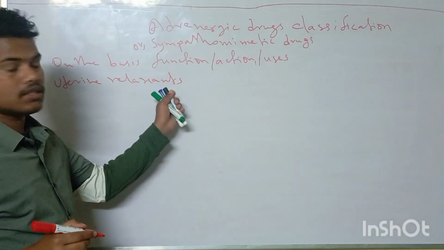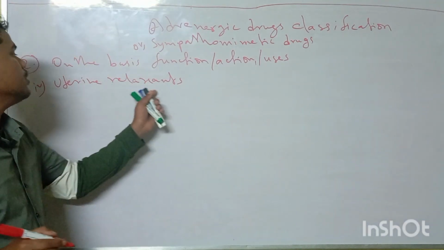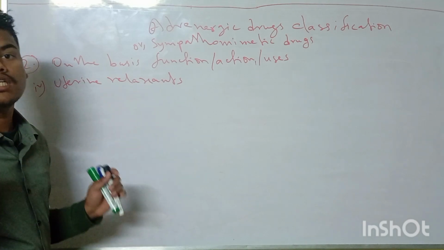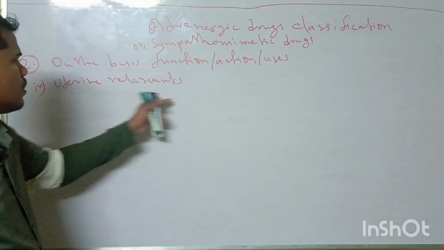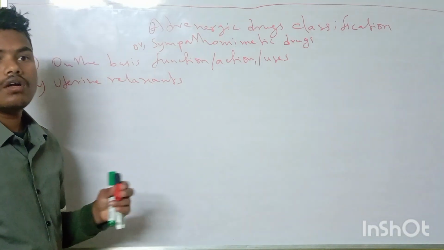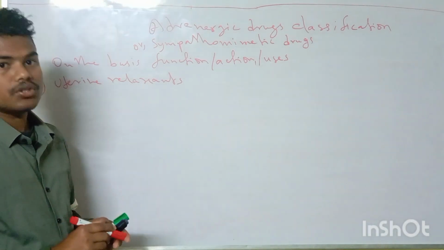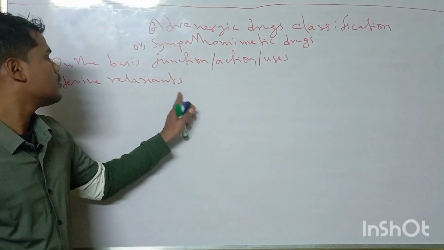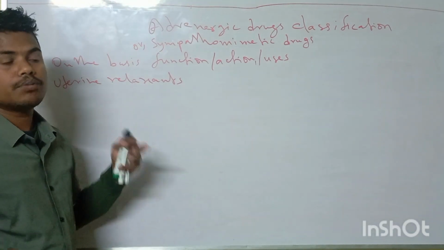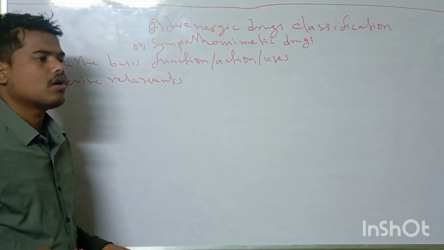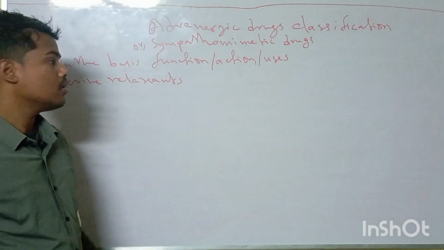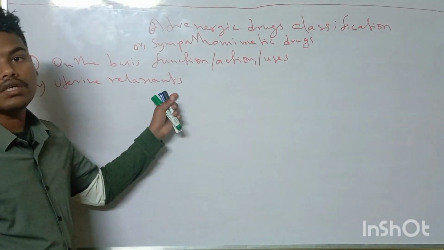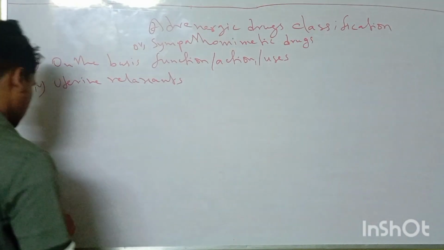As the name implies, this will be used when uterine relaxation is needed, that is, when abortion is to be prevented, spontaneous abortion and threatened abortion. To prevent threatened abortions, these drugs will be used. What will be the examples?